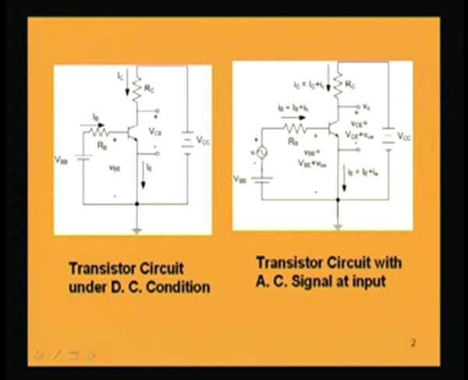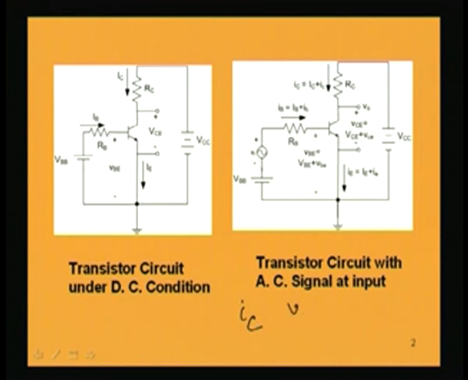If we consider the voltages, the base to emitter voltage will be capital VBE plus small vbe, and the collector to emitter voltage is capital VCE plus small vce. Here we have the symbolic representation of the instantaneous current and voltage by small i capital C, small i capital B or small i capital E, denoting that this is the instantaneous current.